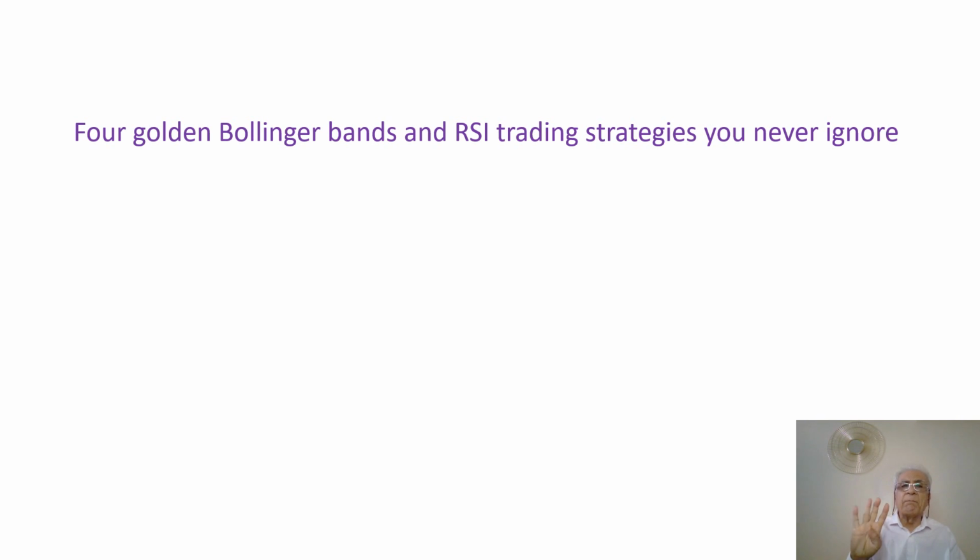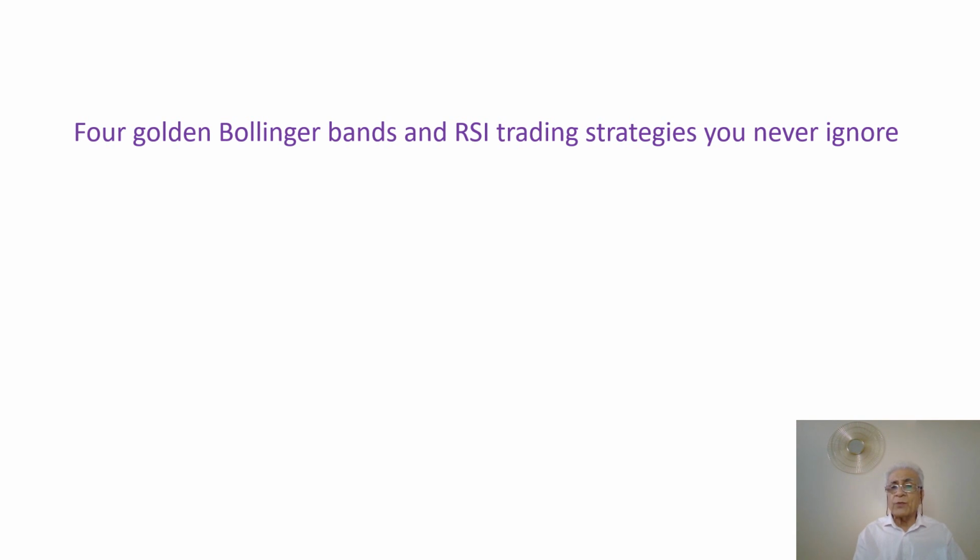4 golden Bollinger Band and RSI trading strategy you never ignore. This video will enhance your trading strategy using Bollinger Band and RSI, the golden pair of trading success. These are the best indicators that complement each other and bring more profit for traders.